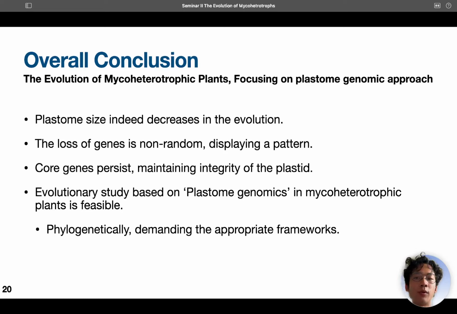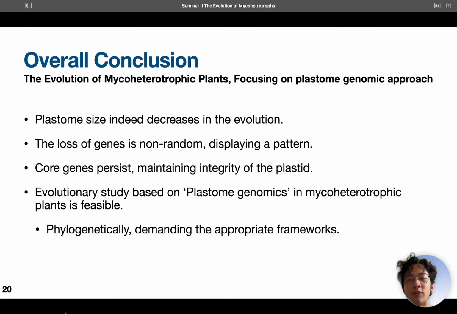And at that stop point is the core gene that still remains, because it has a secondary function that is lethal for the plant to lose, to live on. And evolutionary studies using the plastome are more than just possible.